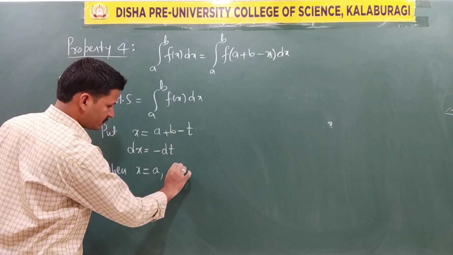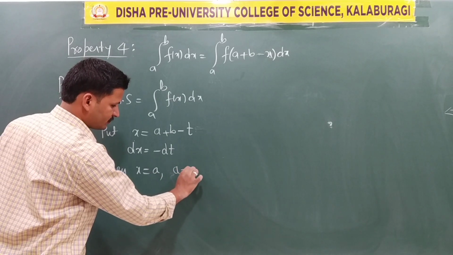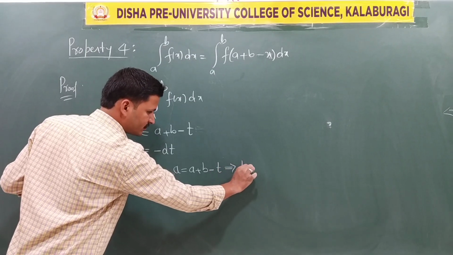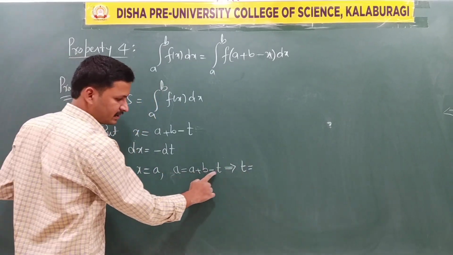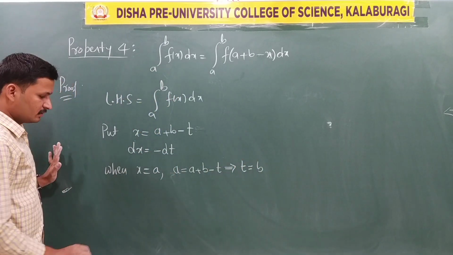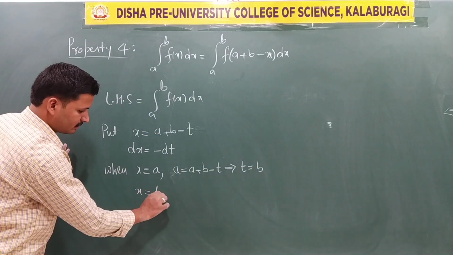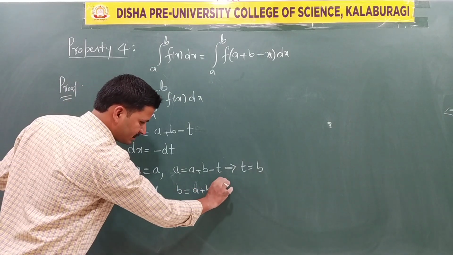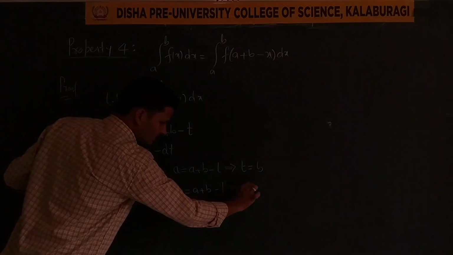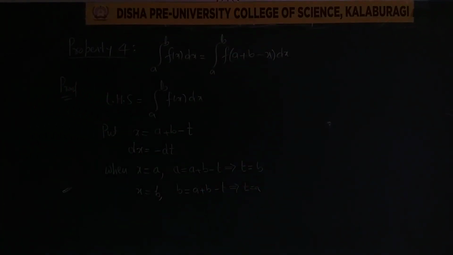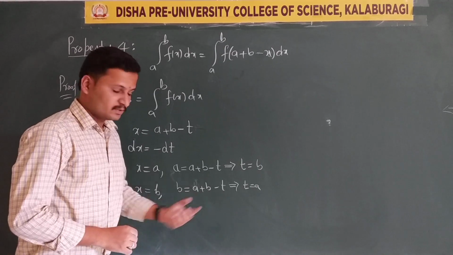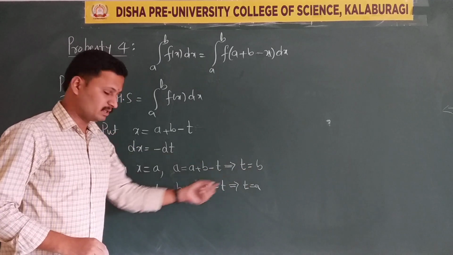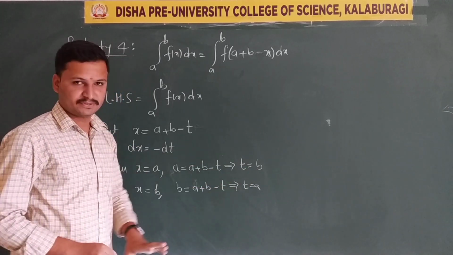When x is equal to b, then b is equal to a plus b minus t, which implies t is equal to a. So when x is equal to a, t is equal to b. When x is equal to b, t is equal to a.